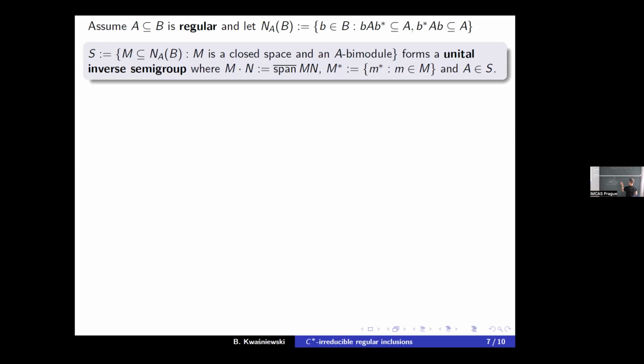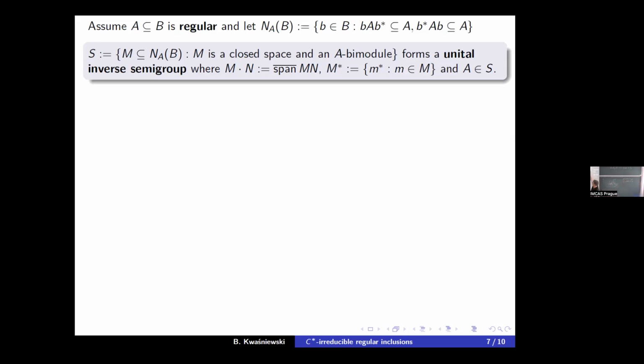An inverse semigroup is a semigroup with this kind of strange involution, which gives you a generalized inverse. So this holds for any m, and this also holds. So this means that this is an inverse semigroup.